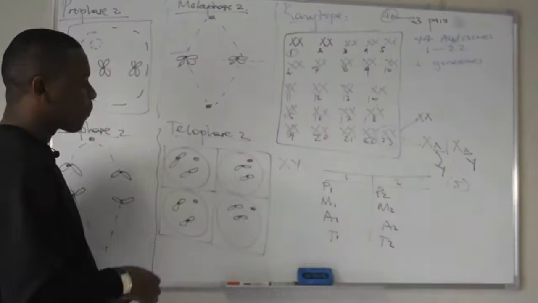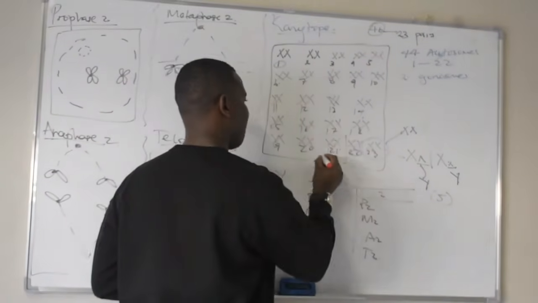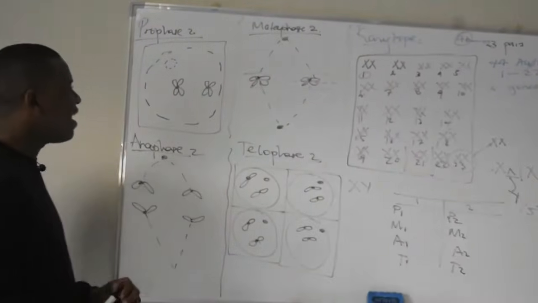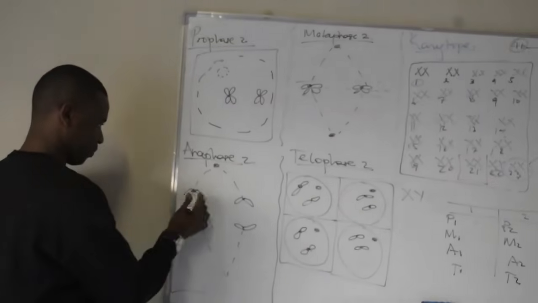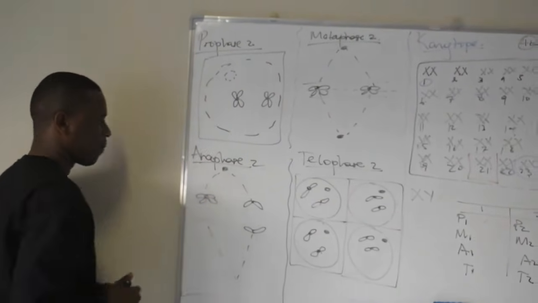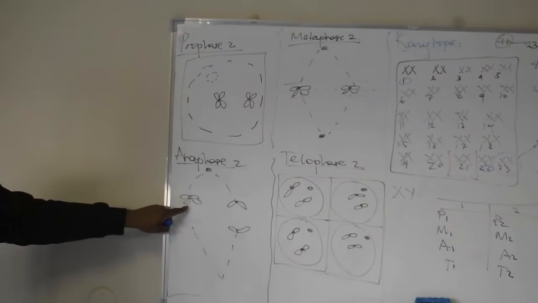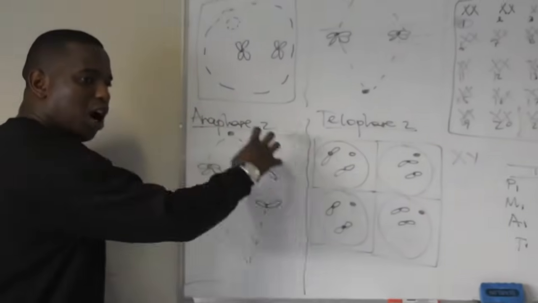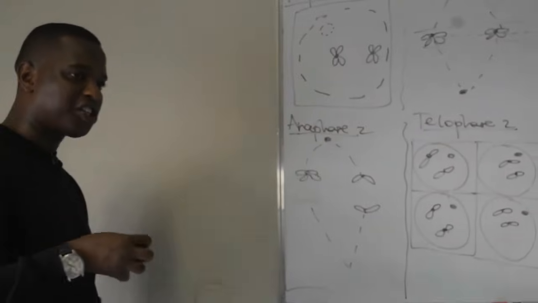So now, there is this karyotype, pair number 21. When the chromosomes, can you see that this chromosome failed to separate? And the failure of chromosome to separate is called non-disjunction.